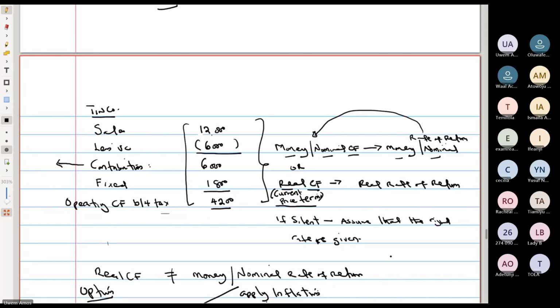6,000. That is our contribution, 6,000, and that is for each of the years. So that would be 6,000 in year 1, year 2, year 3, year 4, and year 5, the 5-year project.